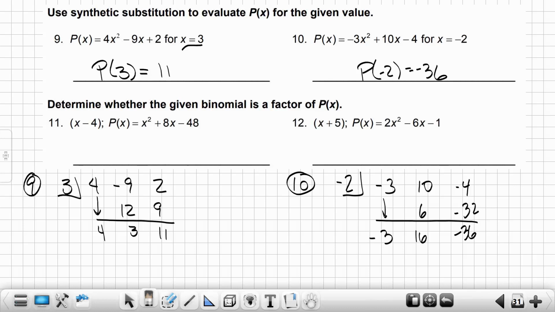Wait. Yeah, number 11 and 12 are the same thing. Is it a factor? It's a factor if I end up with a 0 right here, yes.